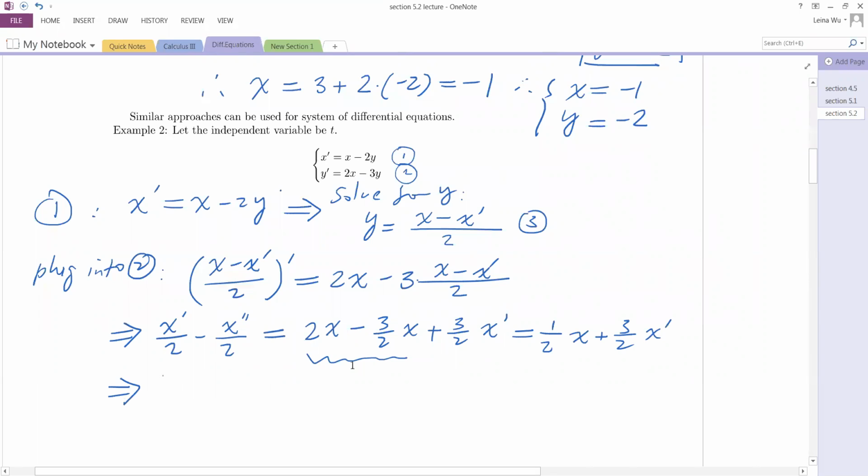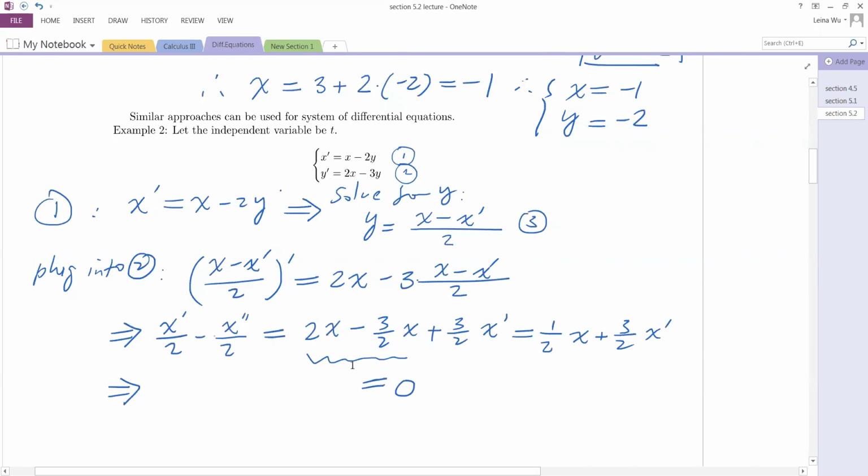What's the next step, folks? Once you reach this step, what do you do? Solve for x of t. Yeah, solve for x of t. But first of all, we would like to arrange everything to one side, and the right-hand side would be 0, right?